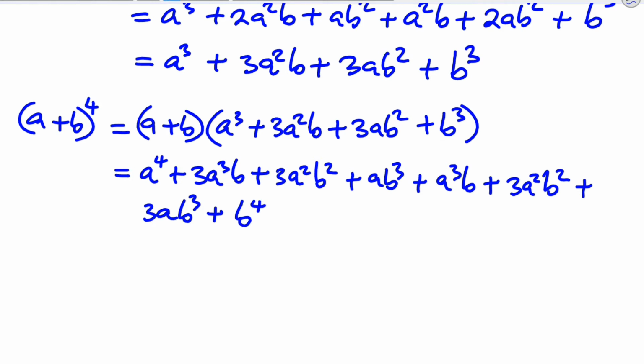And we can group the like terms. So we'll end up with a⁴ plus 4a³b, that is if you have this one and this one grouped together.